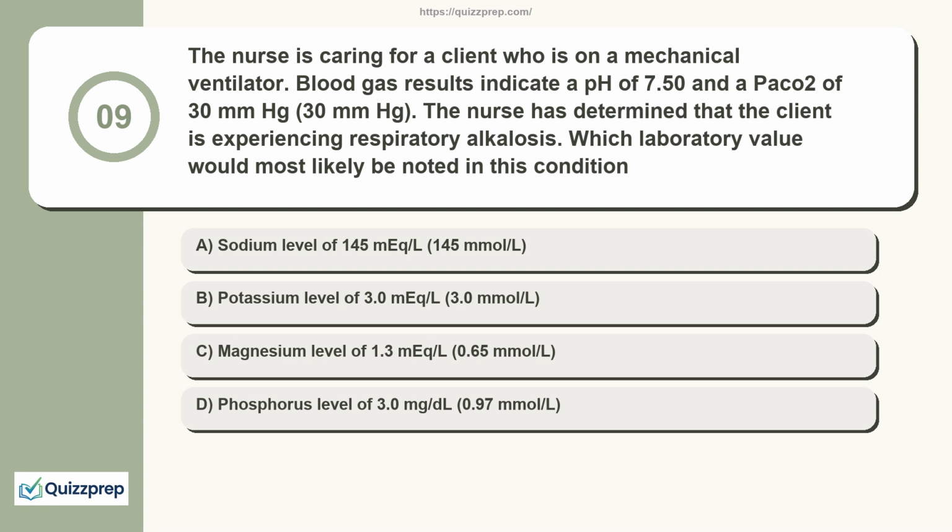Sodium level of 145 mEq/L. Potassium level of 3.0 mEq/L. Magnesium level of 1.3 mEq/L. Phosphorus level of 3.0 mg/dL.